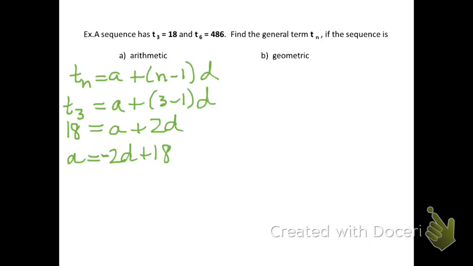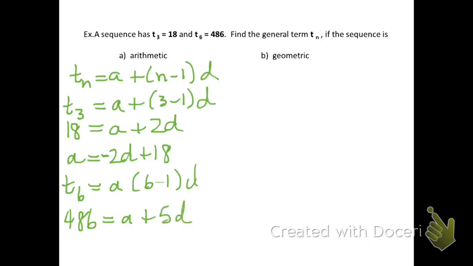All right. And then we also know that term 6 is equal to 486, so I'm going to plug in values for that. So I have 6 minus 1 times d. This is 486, and it's equal to a plus 5d. And when I rearrange that, I get 486 minus 5d is equal to a.